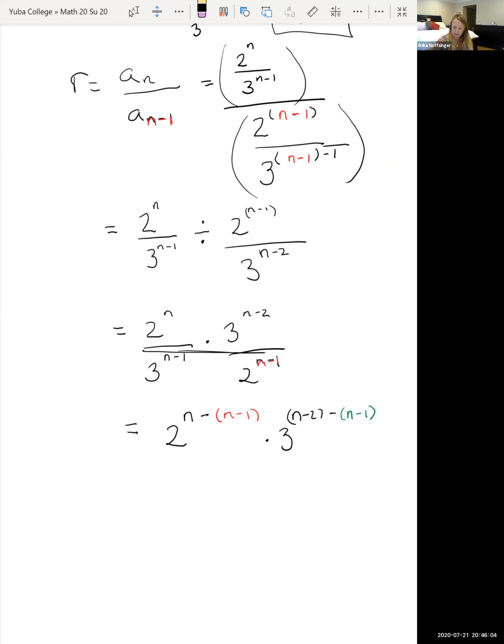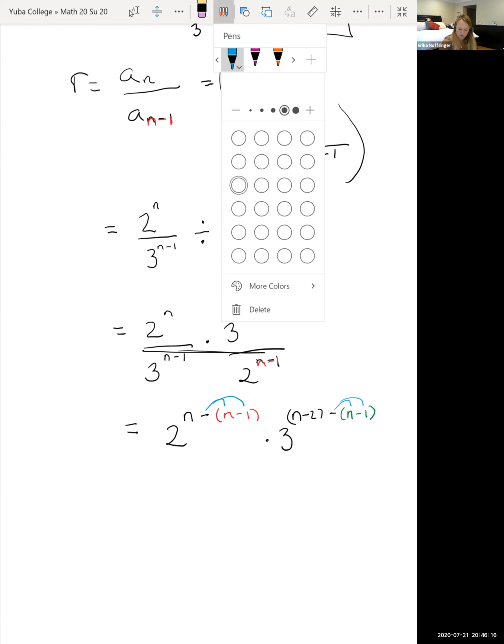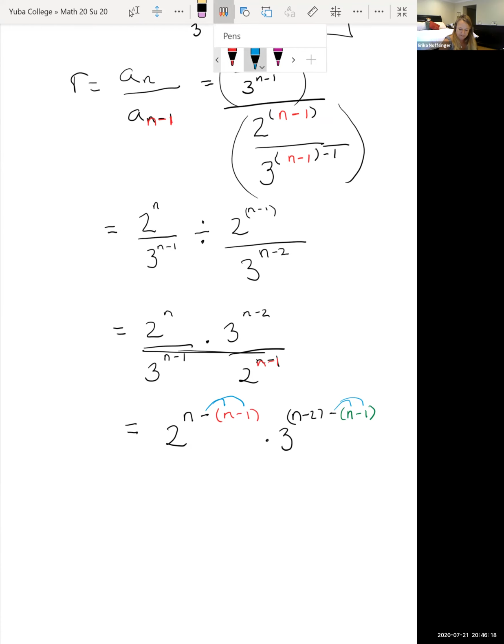Okay, so let's distribute the negative. We have to distribute the negative here in the exponent. Simplifying this down, this is equal to 2 raised to the n minus n. Well, n minus n cancels, and the negative times the negative 1, so this is 2 to the first times 3 raised to the, so distributing the negative and combining like terms.